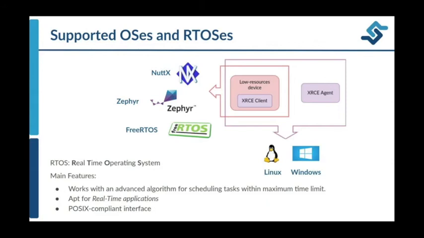So we have said that the client runs on resource-constrained systems, and that in general, an embedded system controls physical operations of the machine that it is embedded within. So it often has real-time computing constraints. So basically, real-time operating systems are operating systems that are specifically intended to serve real-time applications that usually will have time-critical usages, and therefore need to process the data as it comes in without buffer delays.